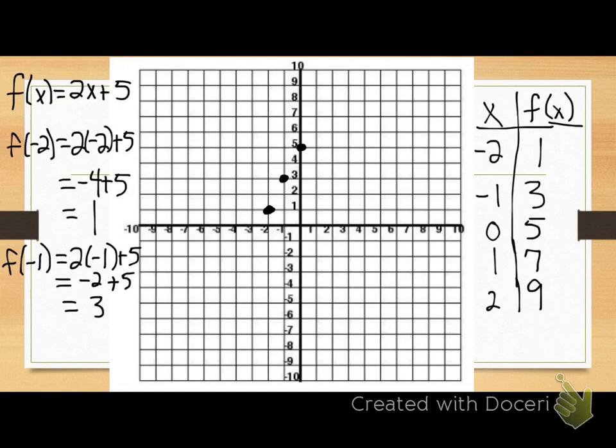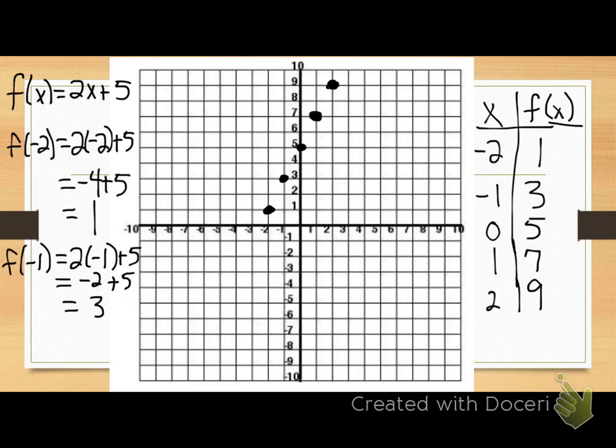Which 2 directions, and how many units? Go right 1, up 7. It's a +1 and a +7. And then 2, 9. Right 2, up 9. Okay, so there's our 5 points.